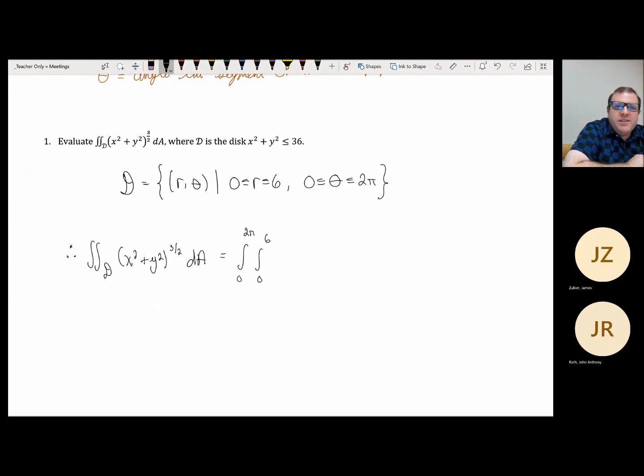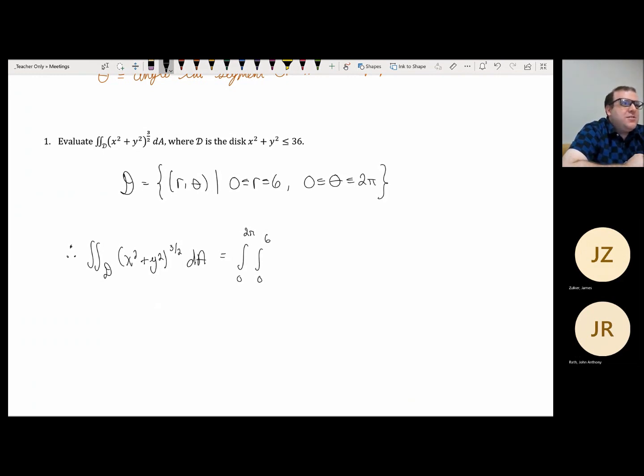What does the integrand become? Check again. It's r cubed.